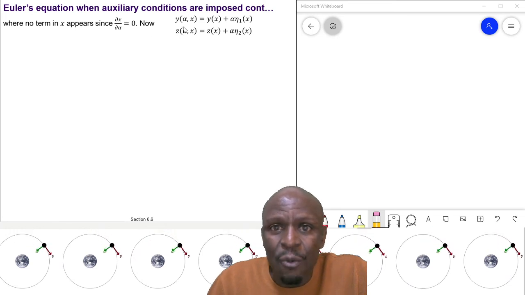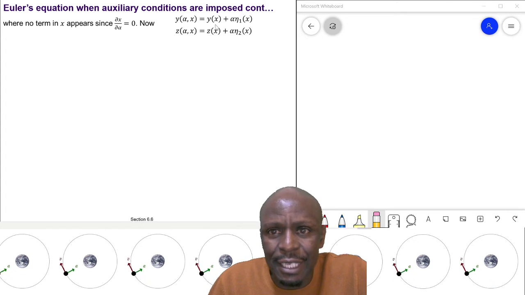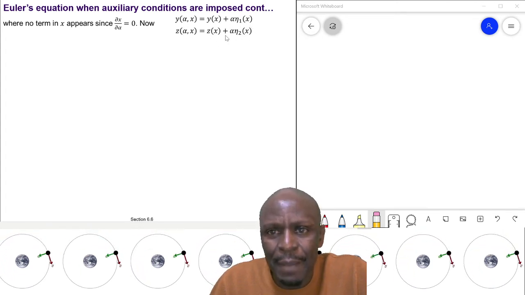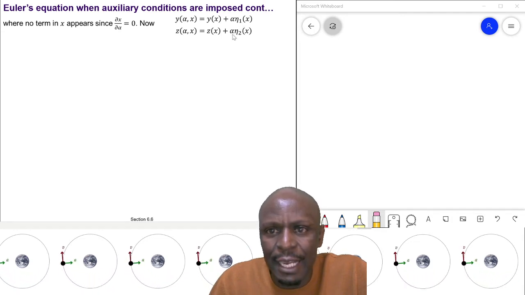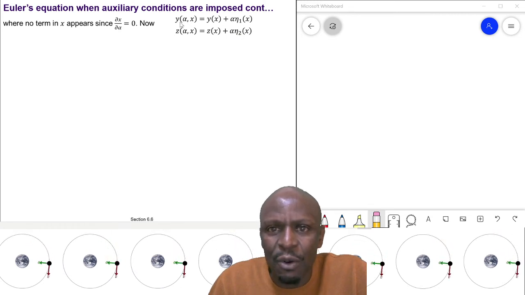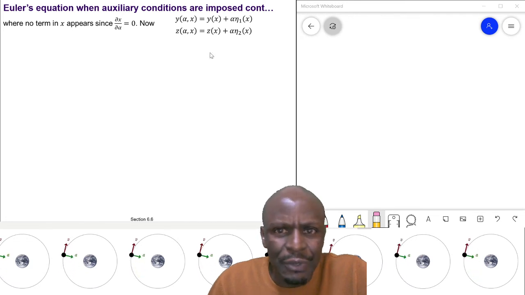Now, y as a function of alpha and x is given by that, and z is given by this, because eta 1 and eta 2 are the variations which depend on y and z respectively.